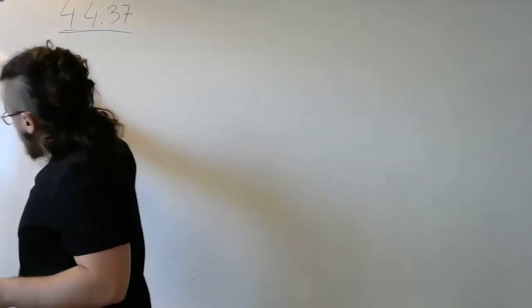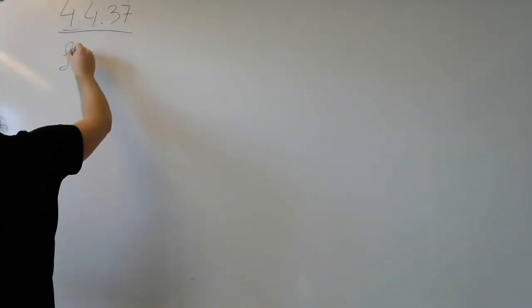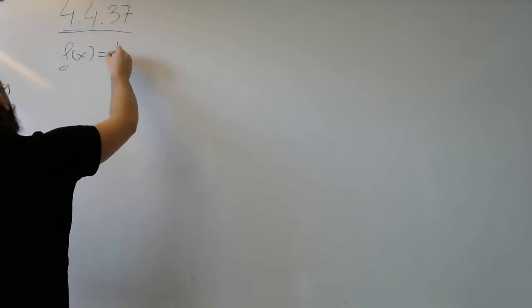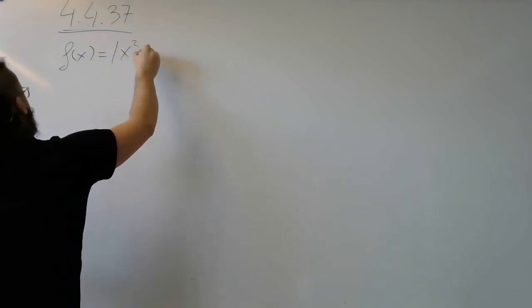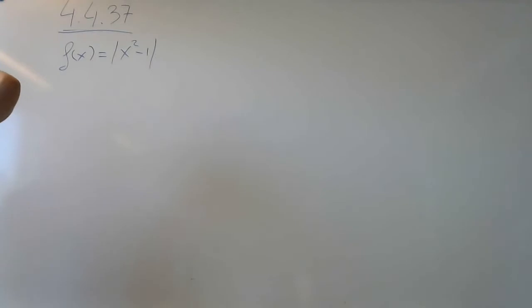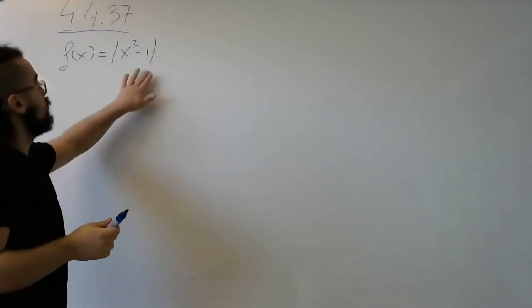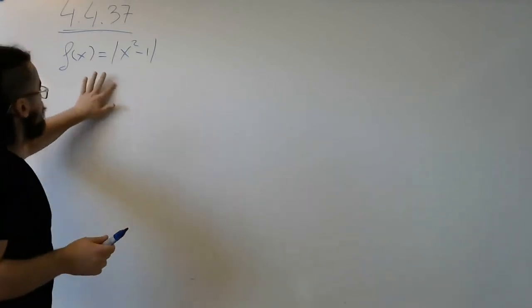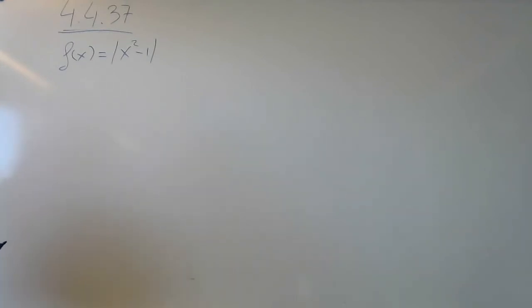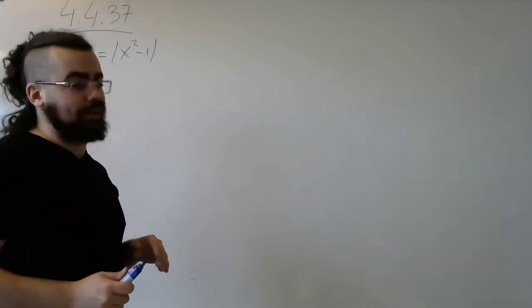And we have our candidate function of the day. This f of x is the absolute value of x squared minus 1. Okay, so to begin with, this function doesn't have to be derivable in any point.